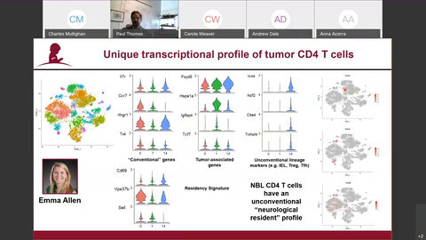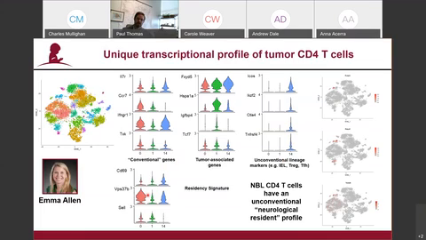They look more like these other unconventional lineages like IELs, which express high amounts of Helios and CTLA4, as do Tregs at times, but they also express FOXP3. And a number of other markers of these tissue-generating lineages of T cells that are more associated with wound repair, tissue recovery, and tissue development.